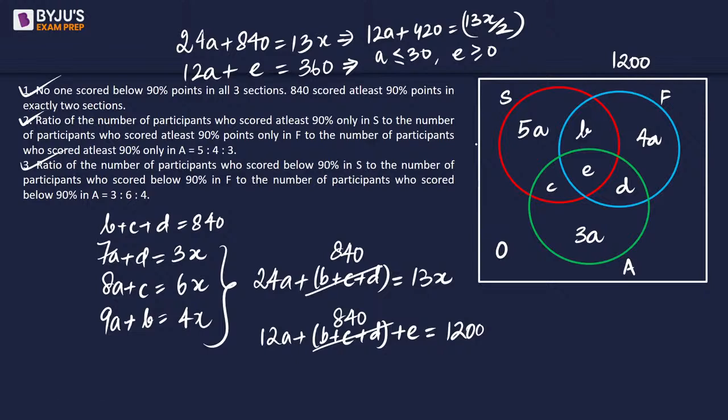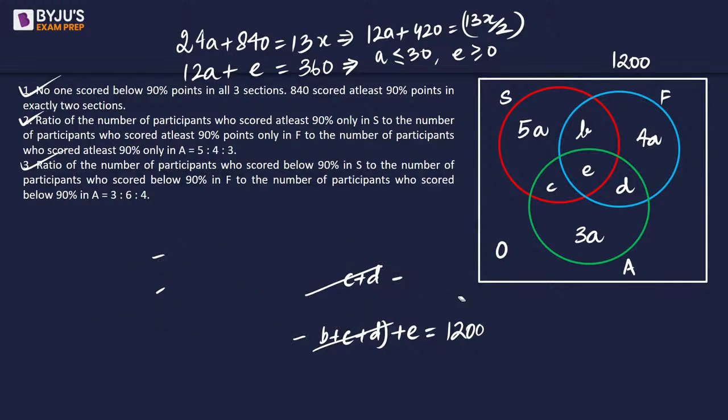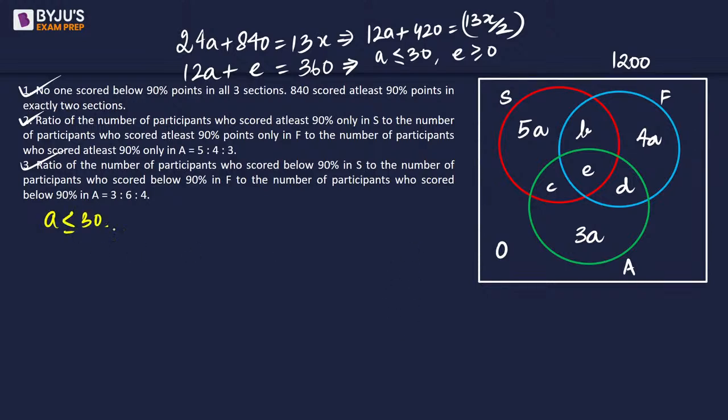ठीक है, तो मैं ना इसको ऐसे सॉल्व करता हूँ. We'll have the cases. We have got two relations. The first one is that a is going to be less than or equal to 30.